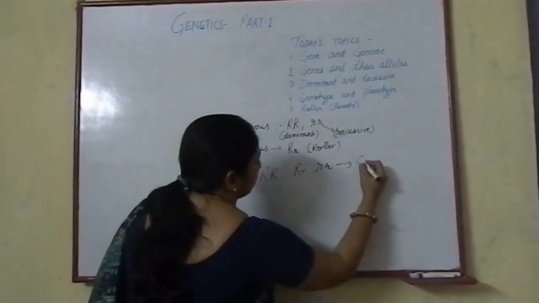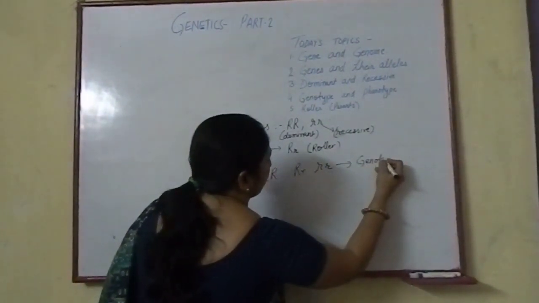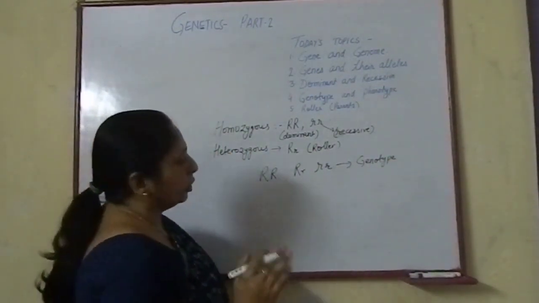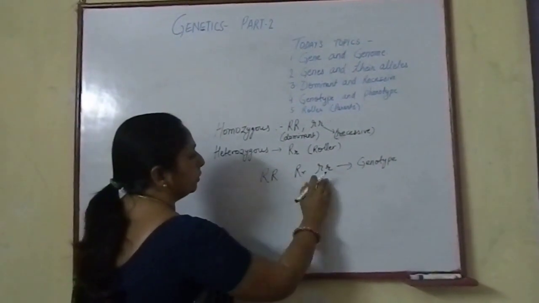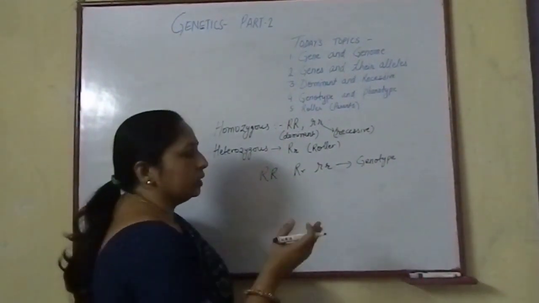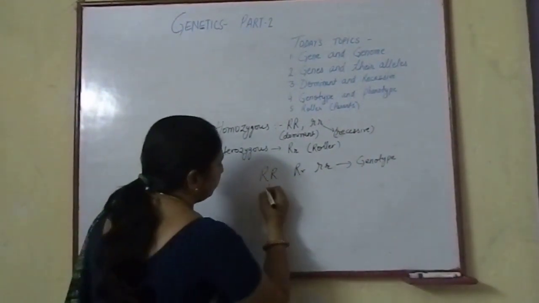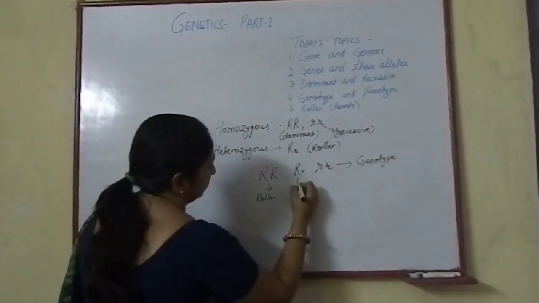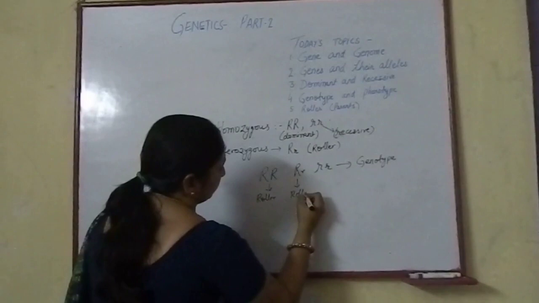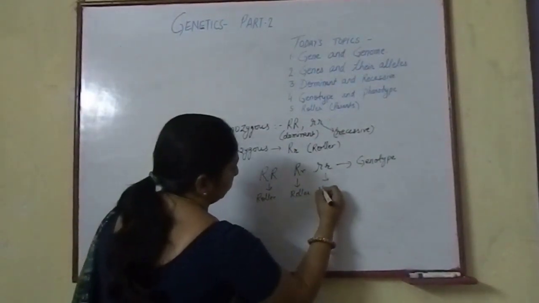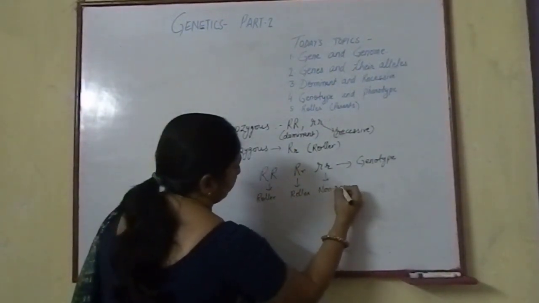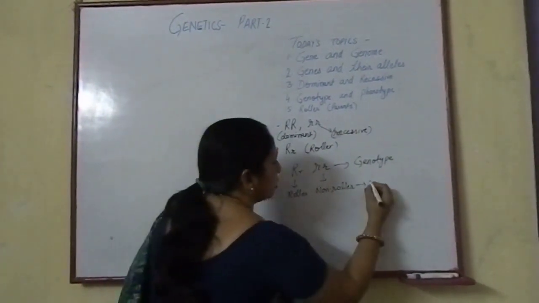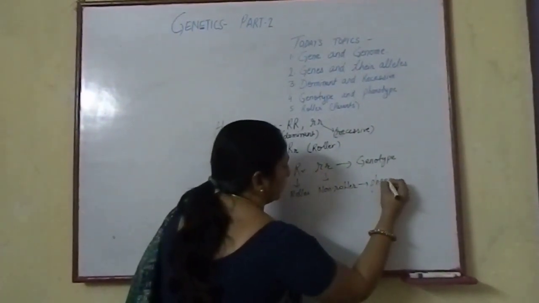This is called genotype, since it expresses the genetic composition or genetic constitution of a character. But the physical expression, roller and non-roller, is known as phenotype.